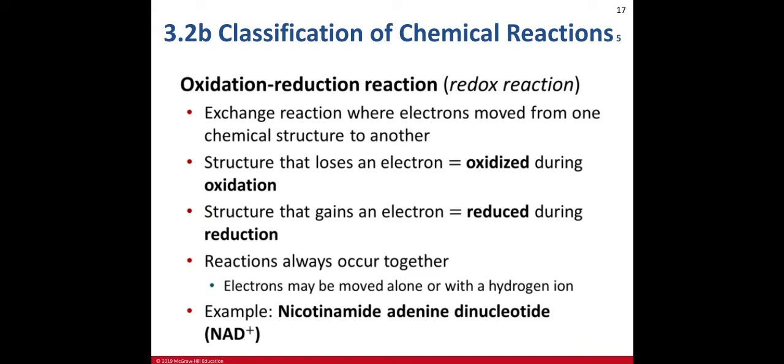We also want to look at something called an oxidation reduction reaction. It's usually abbreviated as a redox reaction. This is a type of exchange reaction where we're taking electrons from one chemical structure and giving them to another. The structure that loses its electron is oxidized, and the structure that gains is called reduction or a reduced part of the reaction.